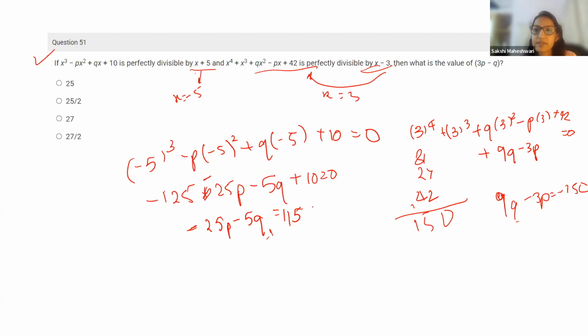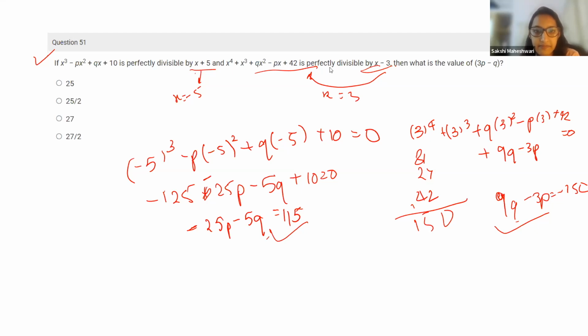You have two equations, two unknowns, and you need to find 3p minus q. Another thing you can do is add both of them. Just check this calculation once. It will be minus 25p minus 15q equals 115. That's what I have written.